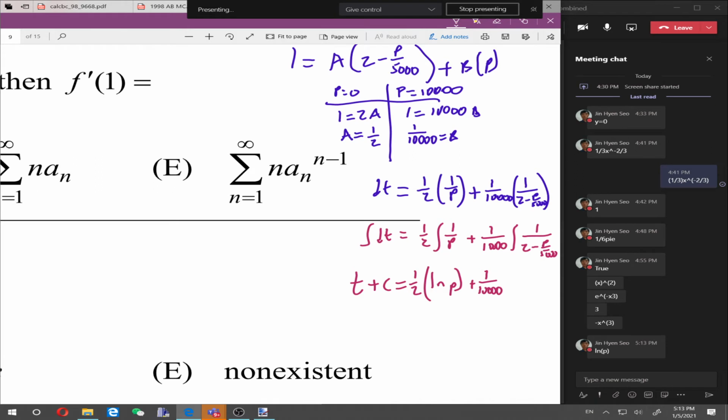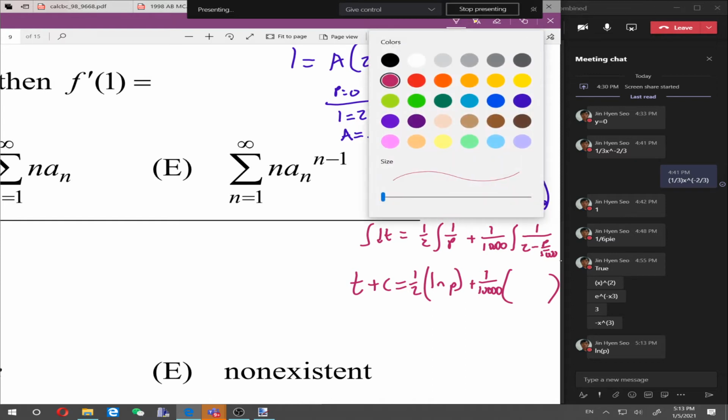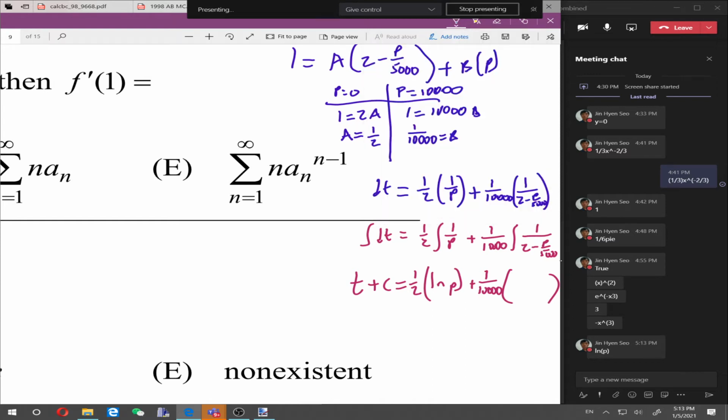Okay, and then where are we on? We are on Kyle. What happens when I integrate 1 over 2 minus p over 5,000? Can we also do natural log? We can also do natural log, but we need to use substitution first. So if u is my whole bottom part, 2 minus p over 5,000, then what is u prime?